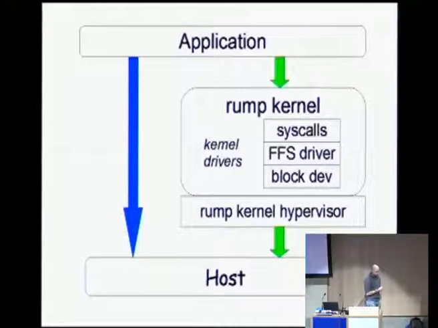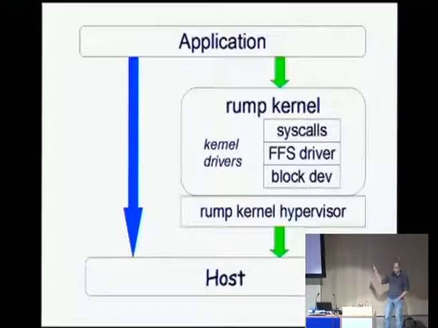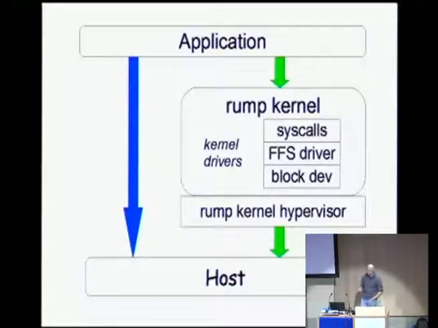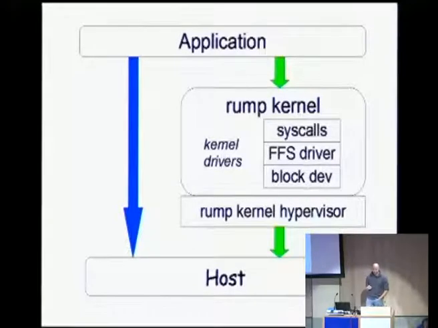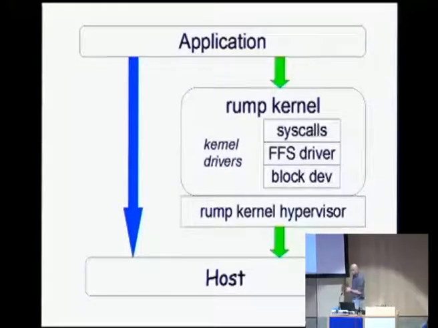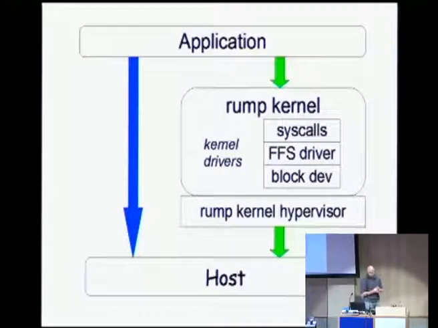You can see the blue arrow which goes directly from the application to the host, and the green arrow which goes through the rump kernel. Now, we called the myRead file routine twice. Once it read the file using host calls, and once it read it using rump kernel system calls.